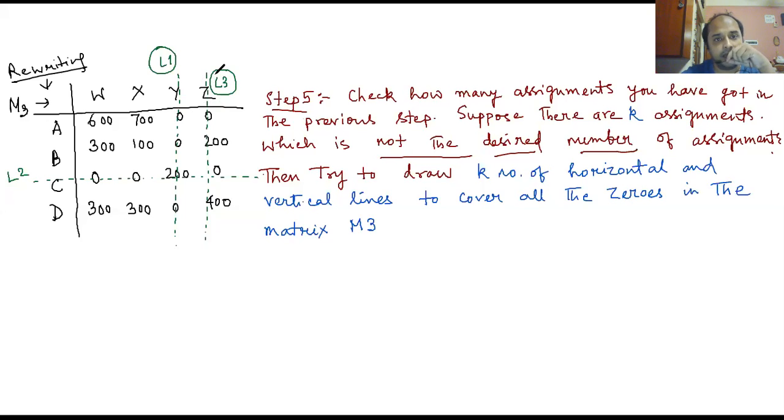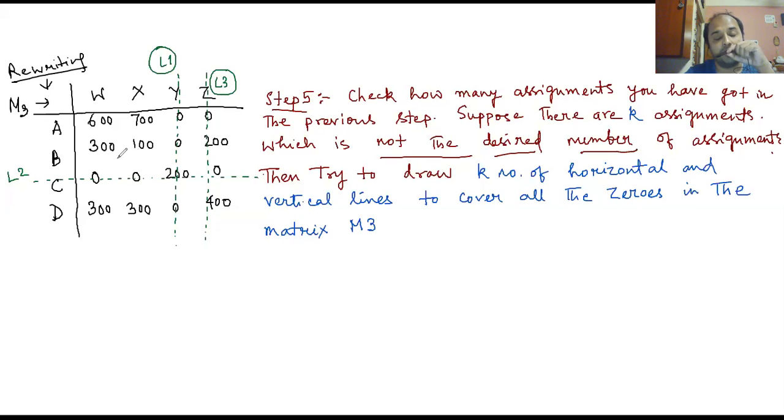Sir, that L3 line that you have drawn, if instead of drawing it vertically we take it horizontally, will the answer come different or the same? Since I have drawn two vertical lines and one horizontal line, and if you like to draw two horizontal lines and one vertical line, then what will happen?